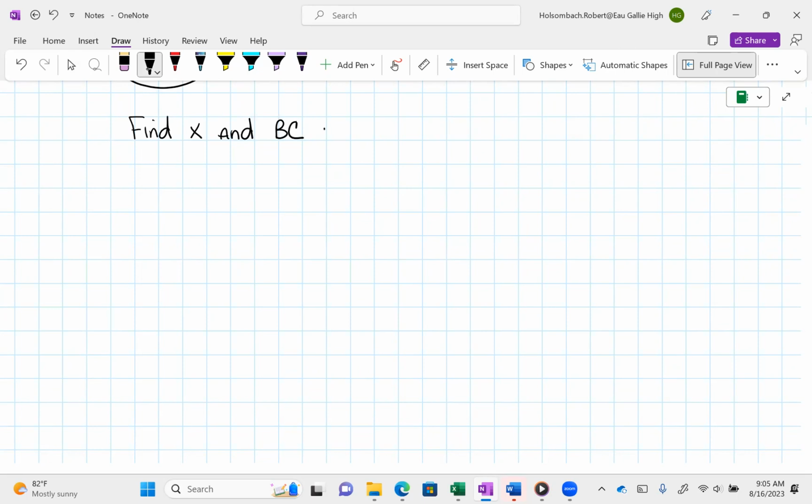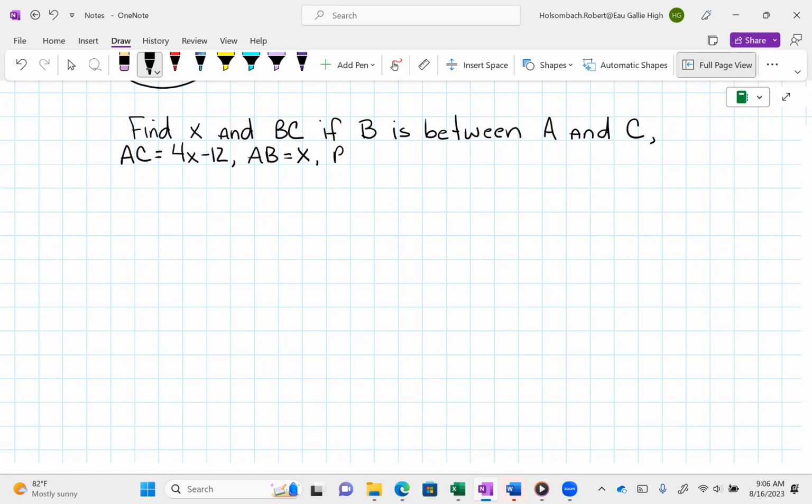If B is between A and C, AC is equal to 4x minus 12. AB is equal to x. And BC equals 2x plus 3.